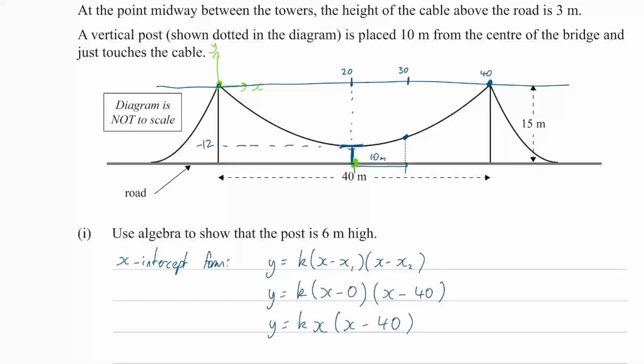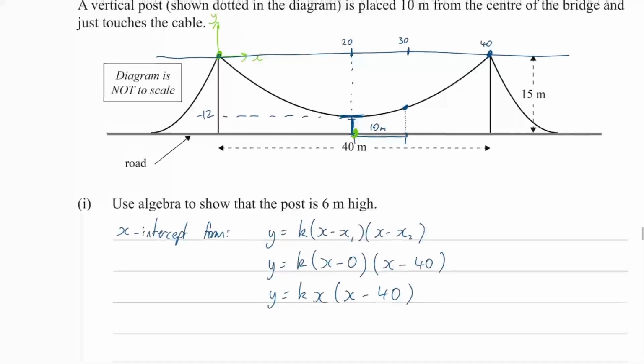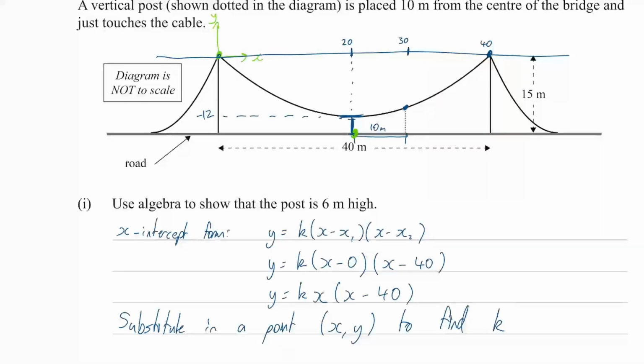But now you'll notice we haven't worked out the scaling factor yet. To work out the scaling factor, we need to substitute in a point, an xy point, to find k. So let's have a think, what points do we know?